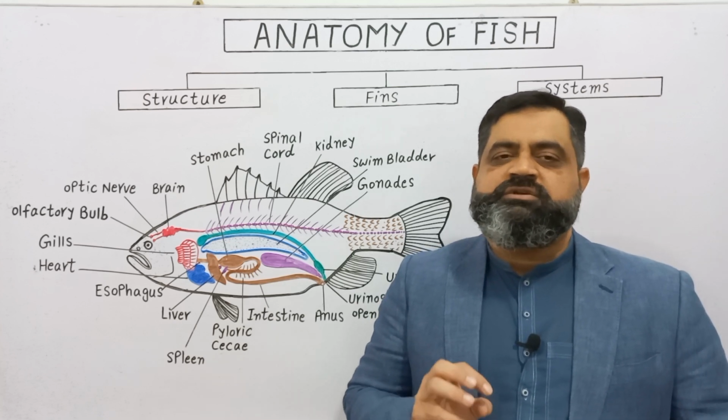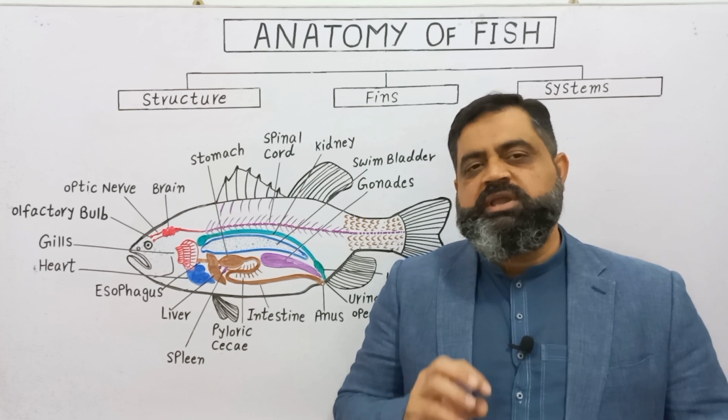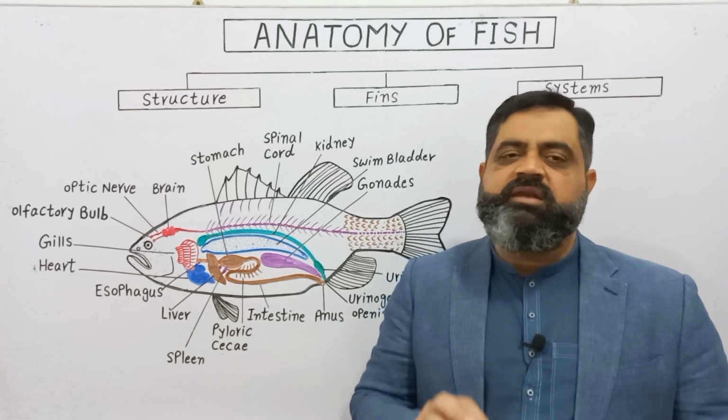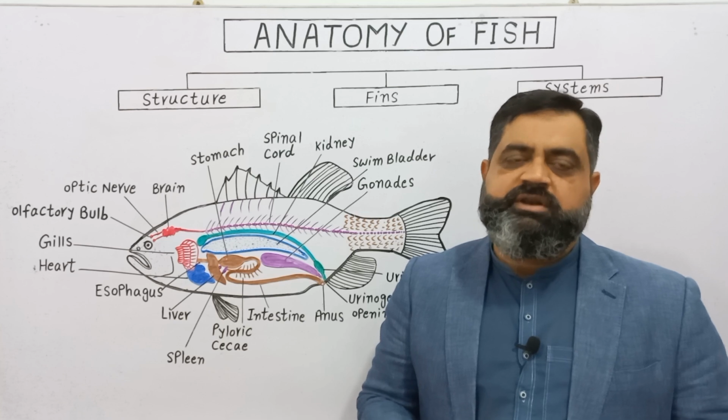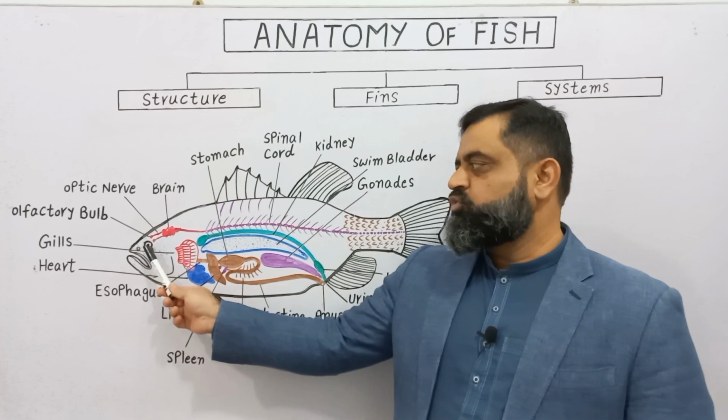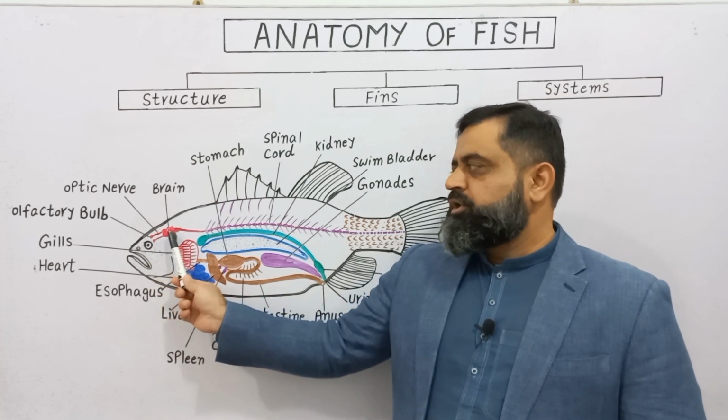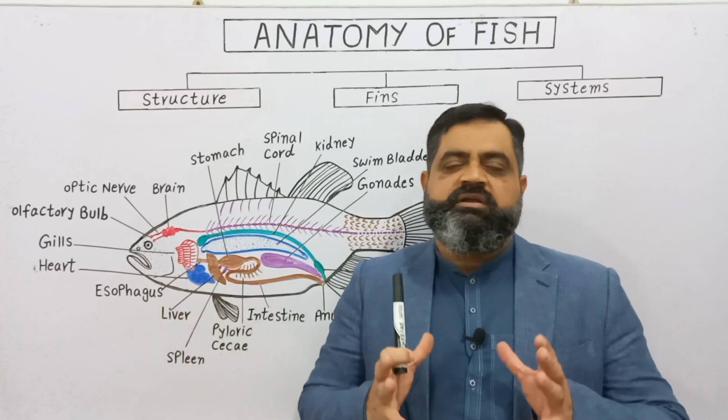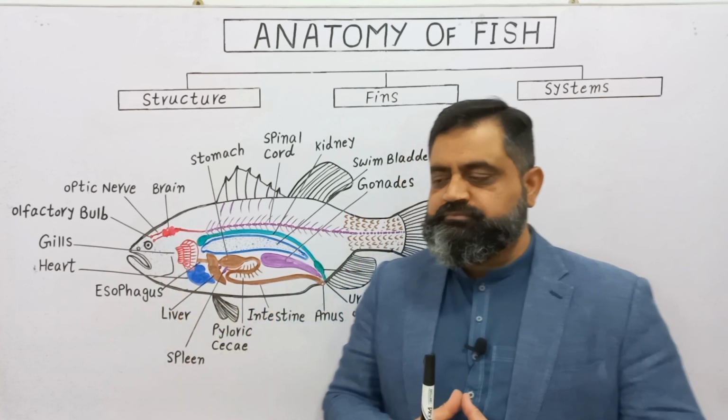Any type of stimulus coming from the chemicals present in the water can be detected by these olfactory bulbs, and these stimuli are transported to the brain where they are regulated.